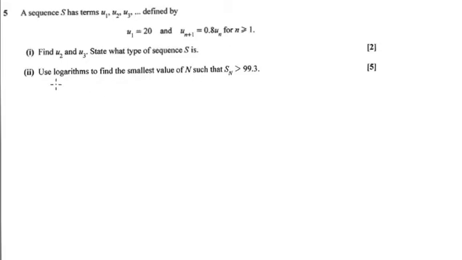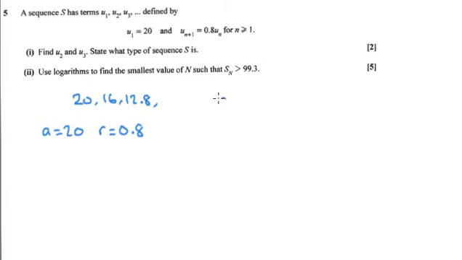So part 2 then says to use logarithms to find the first number where the sum of the terms is greater than 99.3. So we've got this sequence that goes 20, 16, 12.8. The next term would be 12.8 times 0.8. So we've got a first term of 20, a common ratio of 0.8.